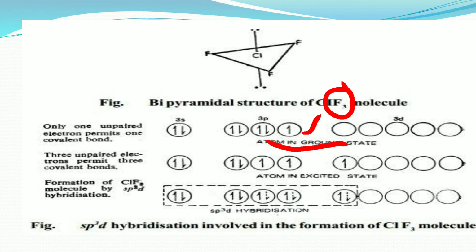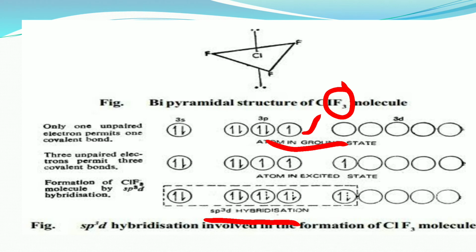Then these types of orbital, that is 1 s orbital, 3 p orbital and 1 d orbital, combine to form new hybrid orbitals, that is sp3d hybrid orbitals. This is the hybridization of ClF3 or XY3 type of molecule.